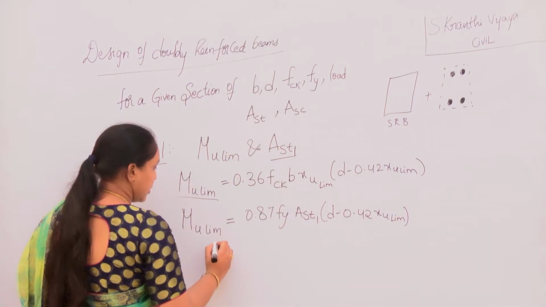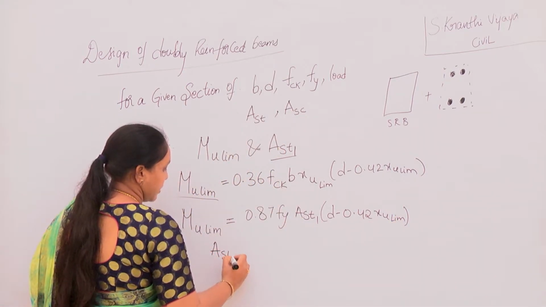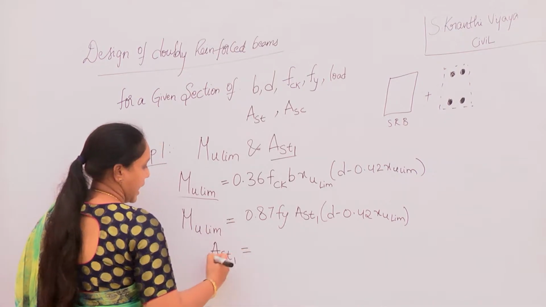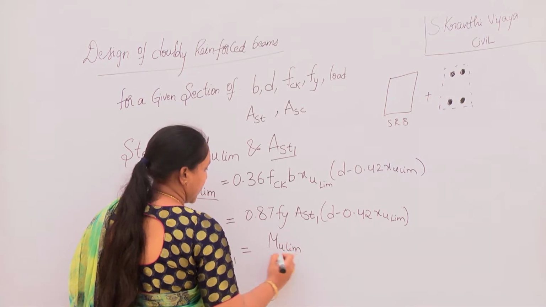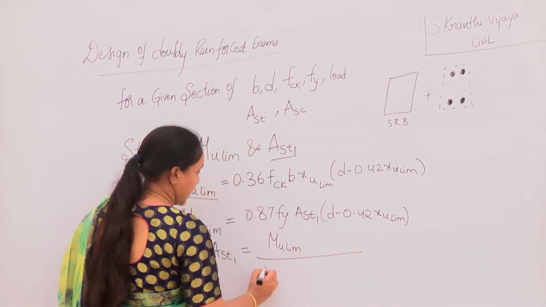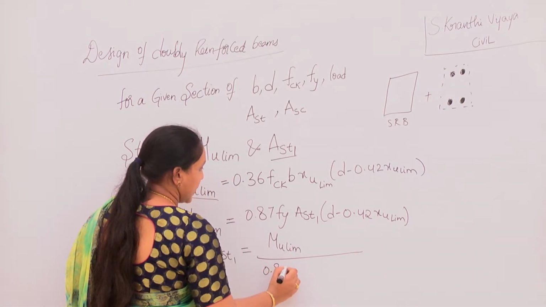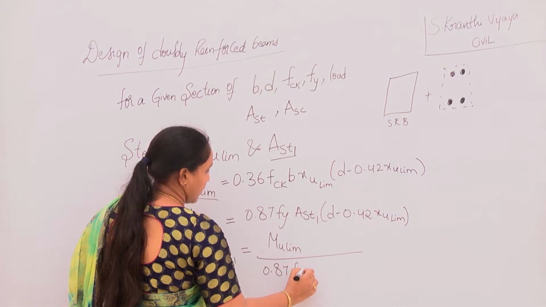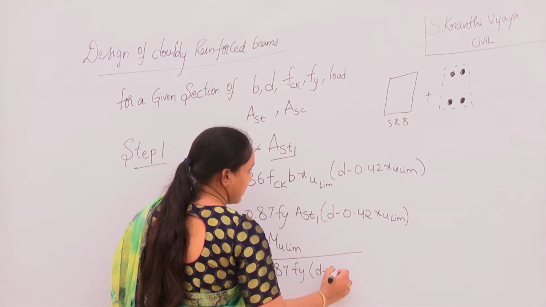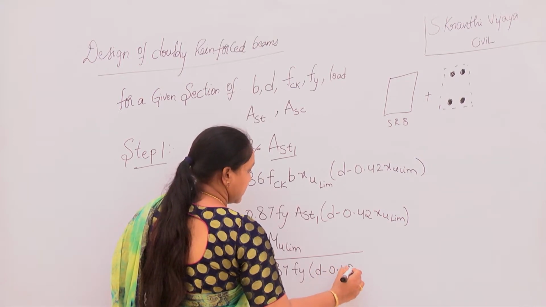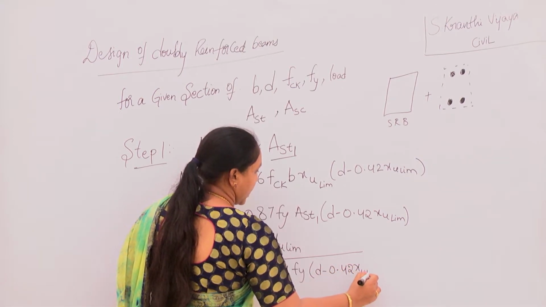From this you can write down the equation for AST1 as MU limit divided by 0.87 Fy into D minus 0.42 XU limit.